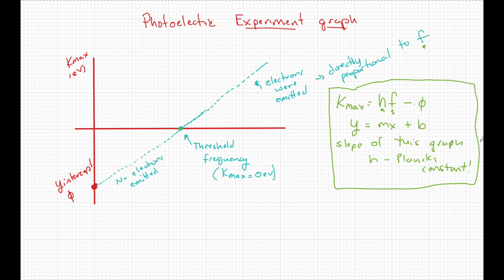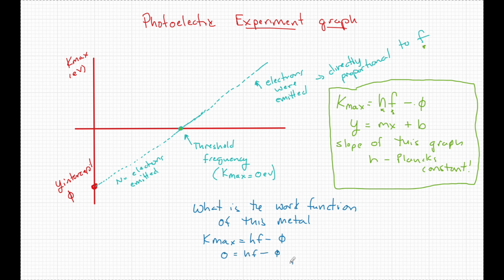So I remember from my test back in the day, they gave this graph and they said, what is the work function of this metal? And I remember it because I got it wrong. I just didn't know that the work function was simply just the ionization energy. So essentially, if I just take this formula here, well, I can say that Kmax at the threshold frequency right here is 0.